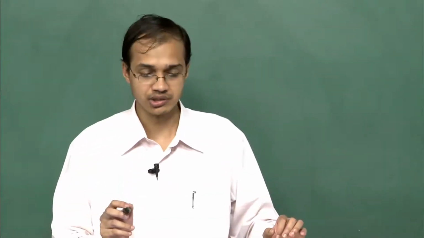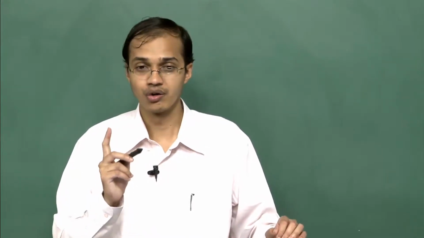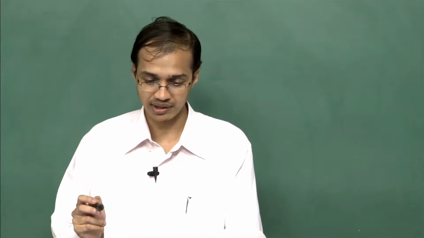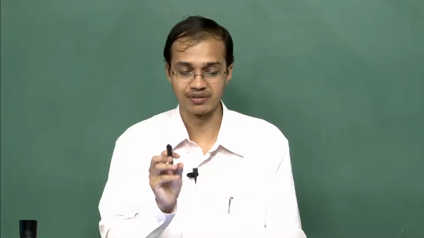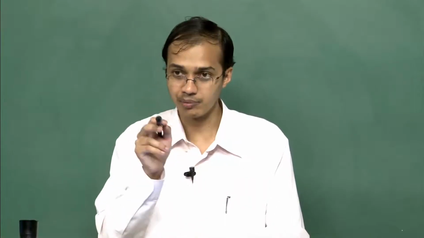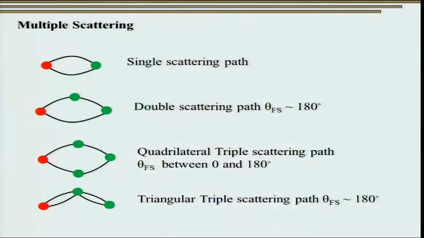Because remember, in this case we are focusing only on the absorption edge of one particular element, like we can see over here. You focus on one particular element and you see the modulations for that element. So, if I have lead somewhere, what is the neighborhood of lead? This is how it works out.